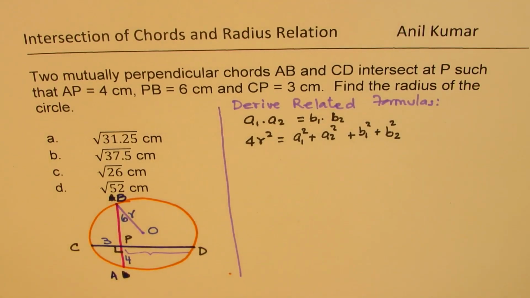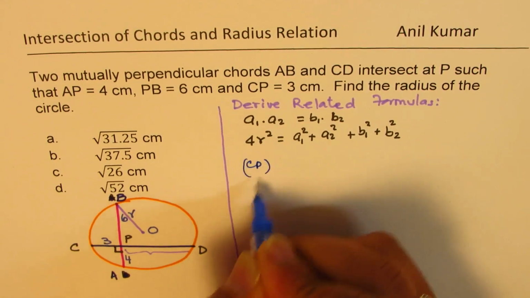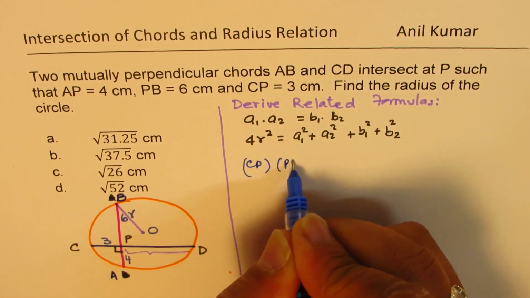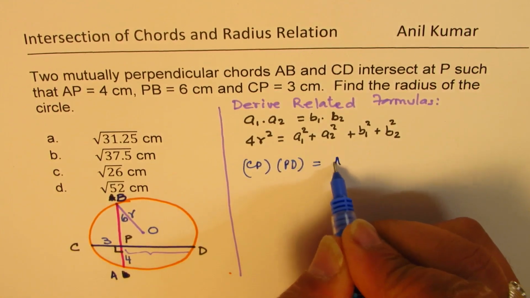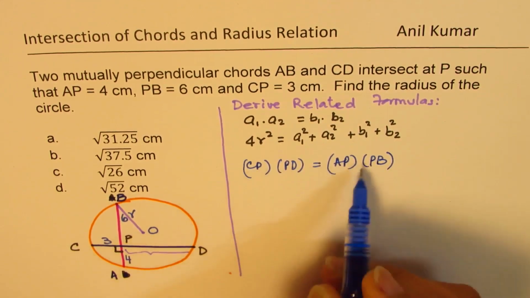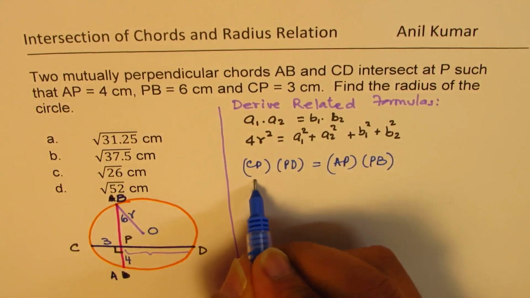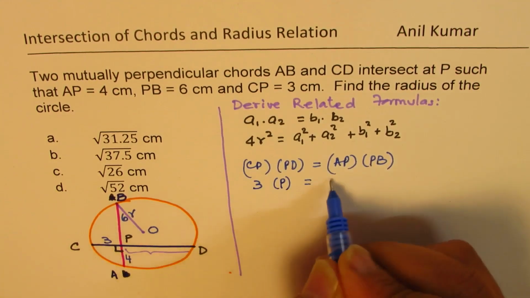So what we know from here is CP times PD should be equal to AP times PB, correct? So from here CP is 3, so 3 times PD is equal to 4 times 6.